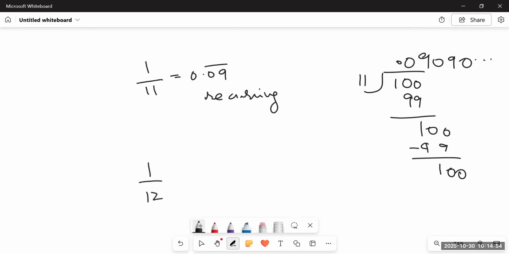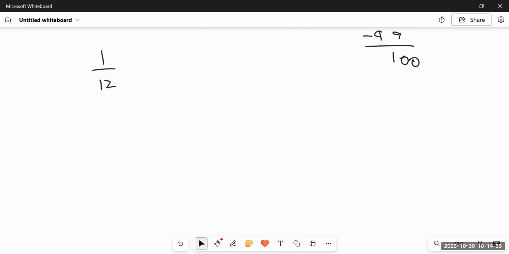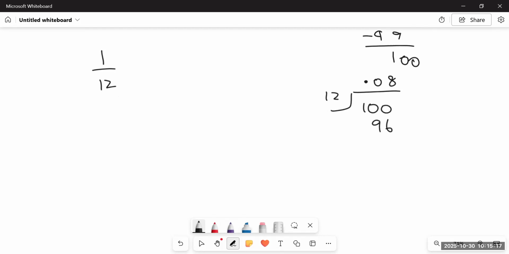And let's talk about 1 over 12. Let's find out if it is also recurring or terminating. Here comes 12. Put a decimal, becomes 0. It becomes 10, but 10 is not divisible by 12. So we have to put a 0 over here. It becomes 100. And then 12 eights are 96. 4.